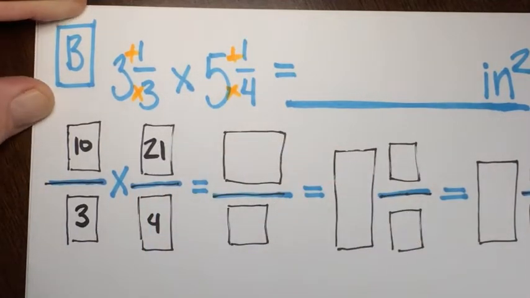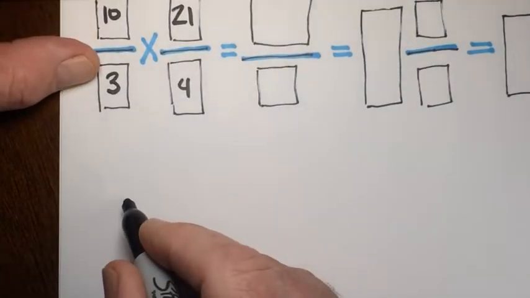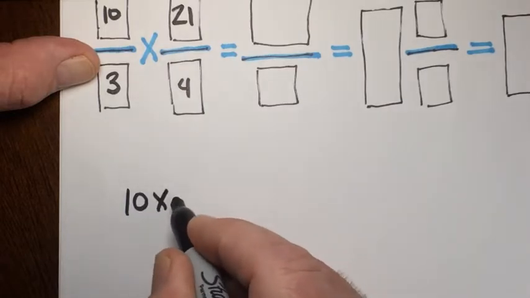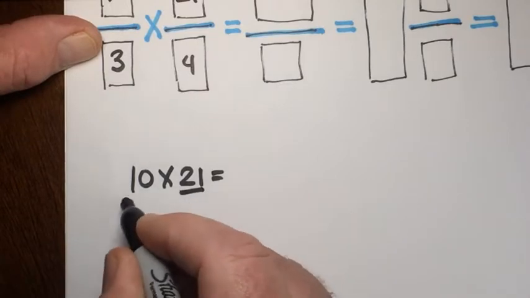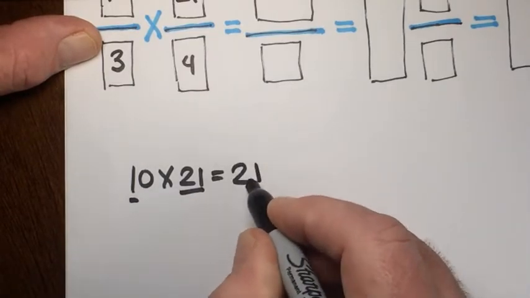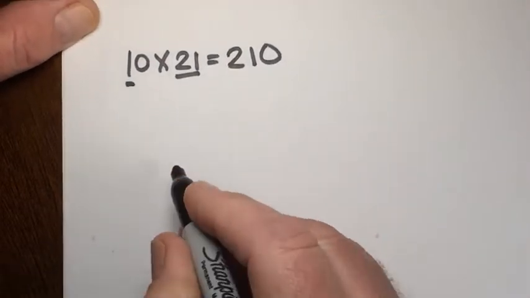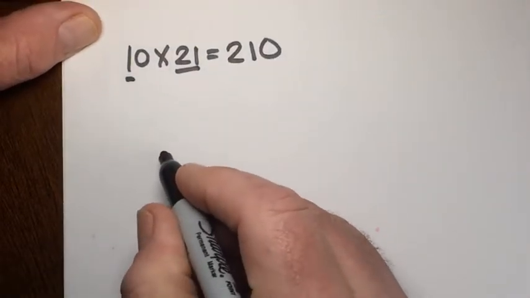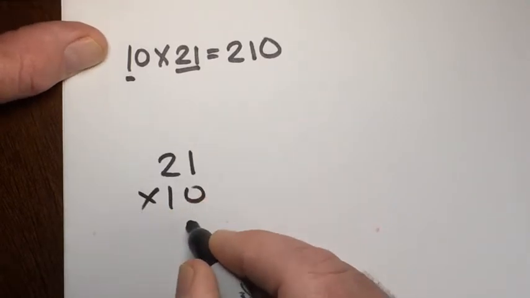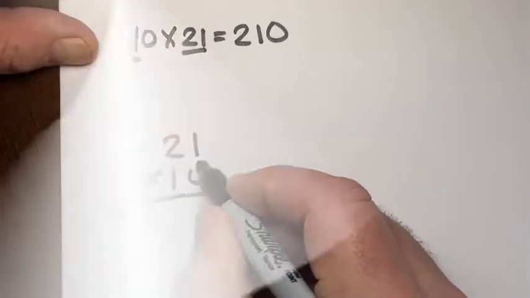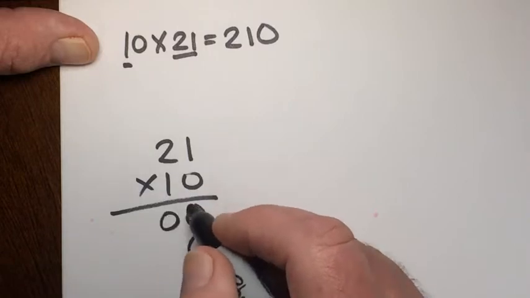21. Okay. So now we're going to do 10 times 21. You can either do 21 times 1, or 21, plus the 0, to get 210, or you can do it the way we learned, which is the 21 on top and the 10 on the bottom. 1 times 0 is 0. 0 times 2 is 0.